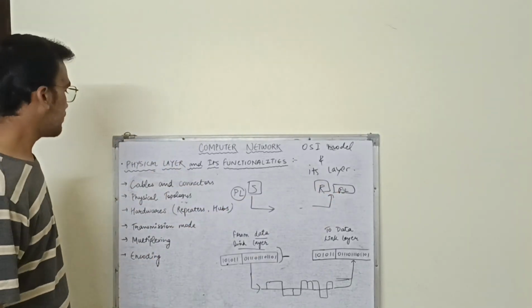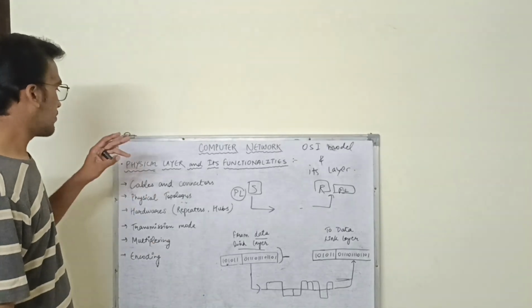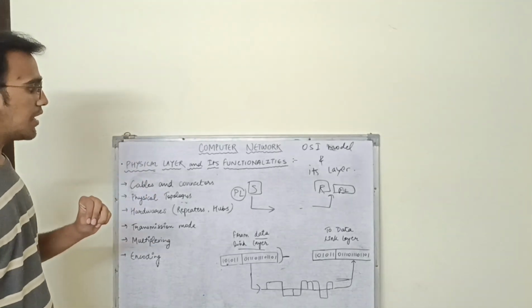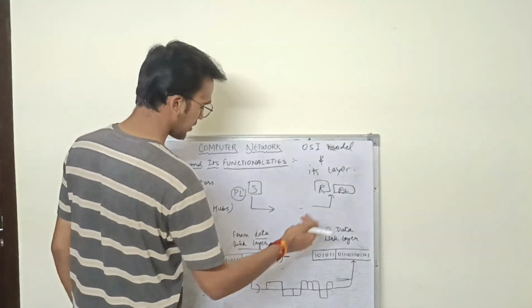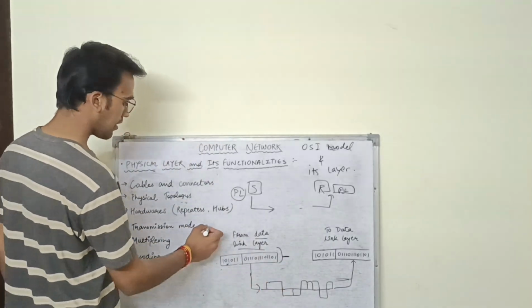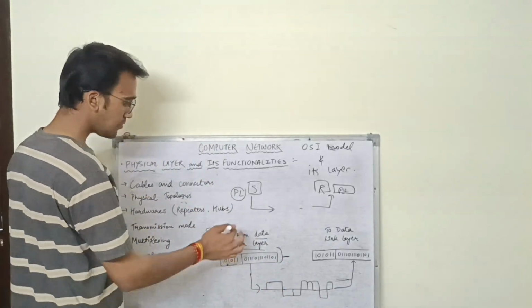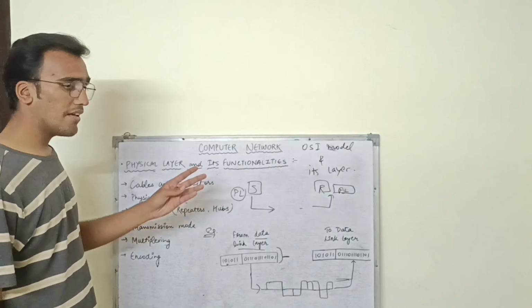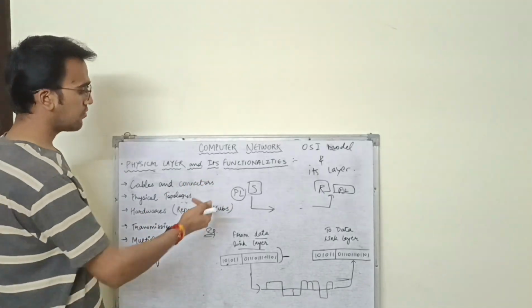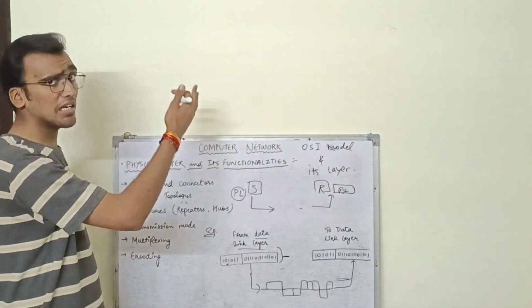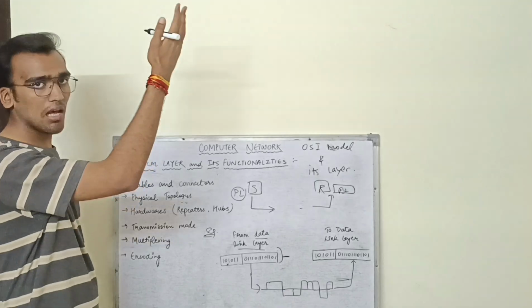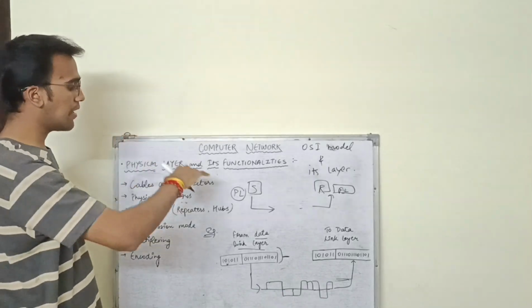Now there are some functionalities which transmit the data from one side to the other. There are 7 layers: physical layer, data link layer, network layer, transport layer, session layer, presentation layer, and application layer. These are the upper layers.